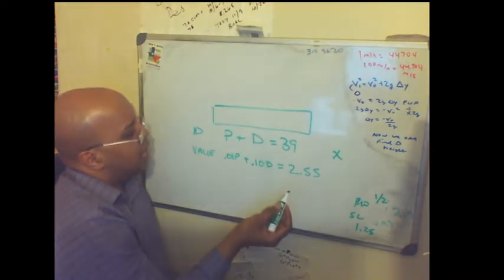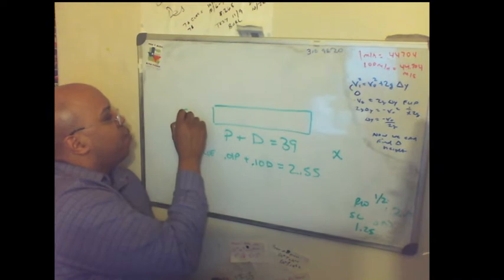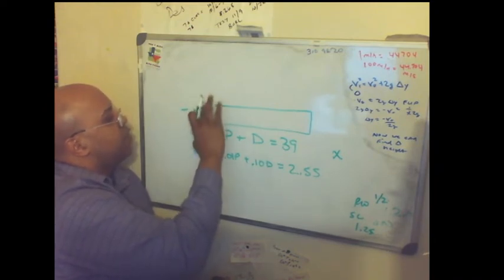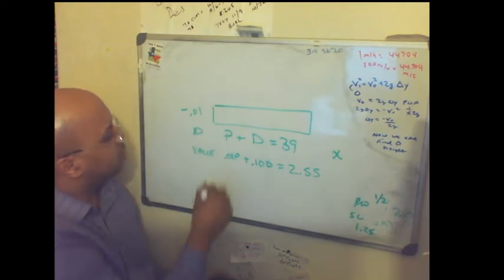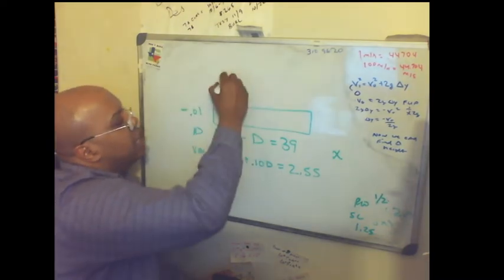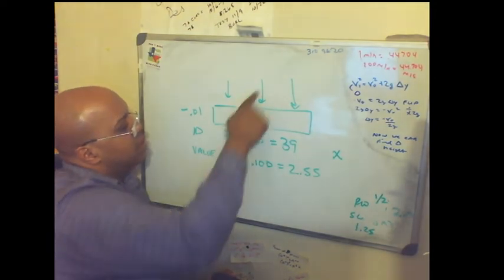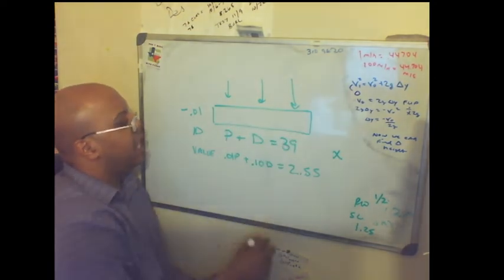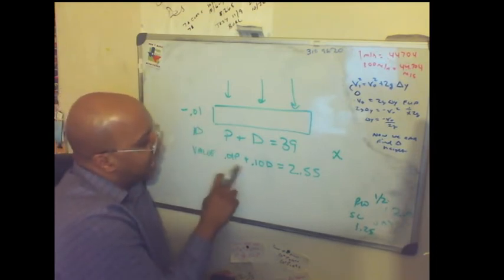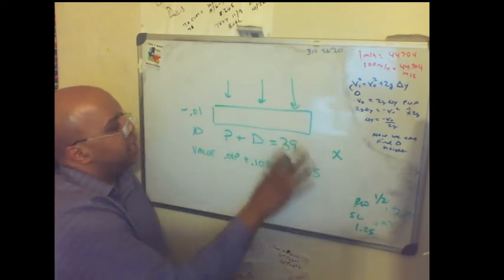I will multiply by negative 0.01, because I'm going to wind up adding vertically in 3 columns, and I'm going to isolate dimes. I will eliminate the pennies in the equation and then solve.